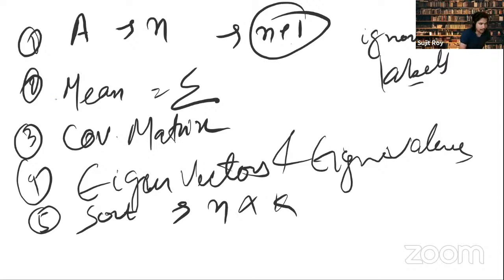This is how it is going to be, and then we will use this to make the sample subspace.